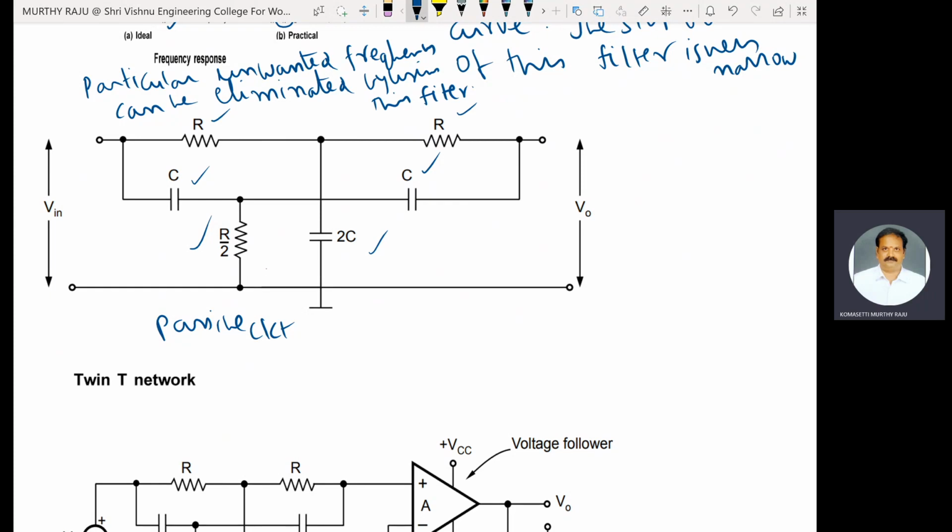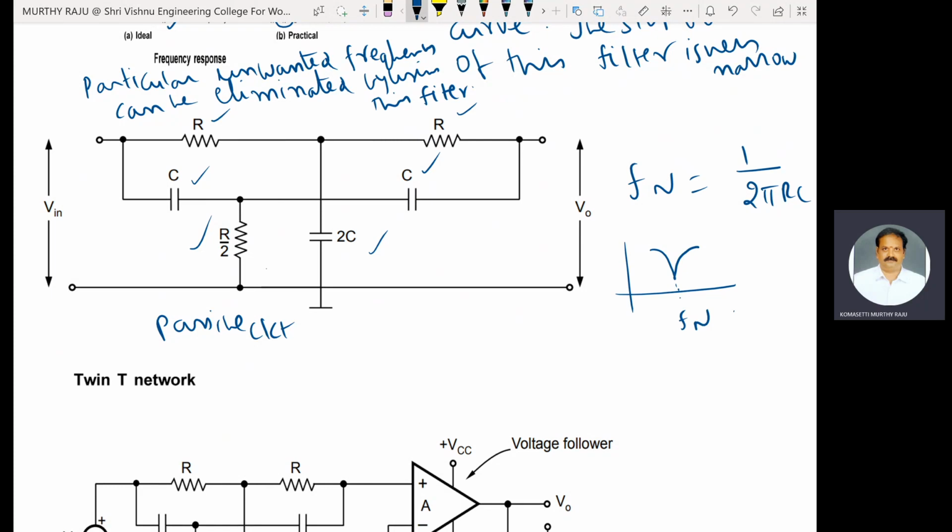The notch out frequency is the frequency at which the maximum attenuation occurs. This is given by Fn equals 1 by 2 pi RC. Generally, the characteristic shape of this curve is ideally this one.